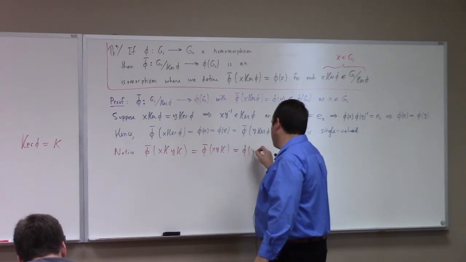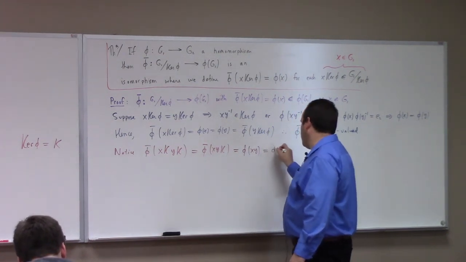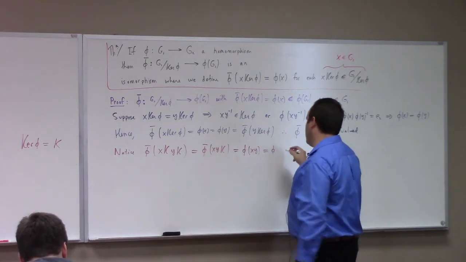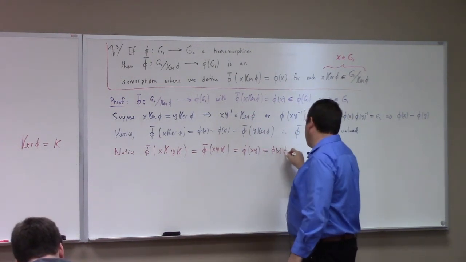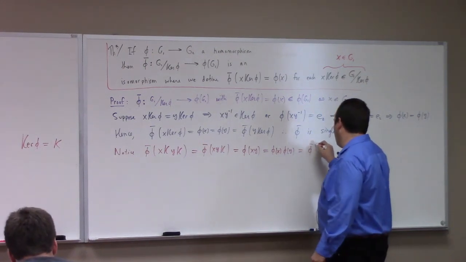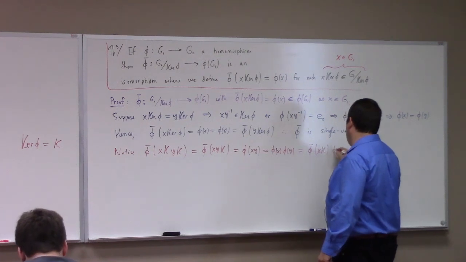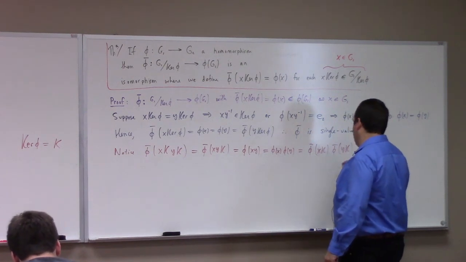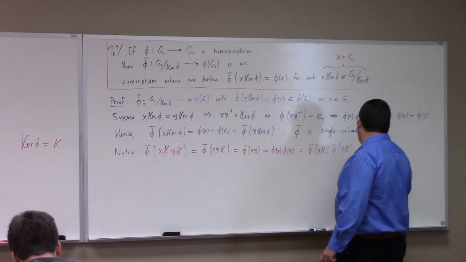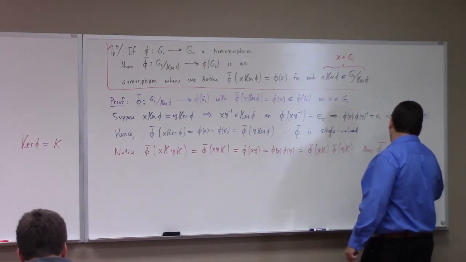So that's phi of xy, by the homomorphism property of phi, because we're assuming phi is a homomorphism itself. That's phi of x times phi of y, which, by the way, is phi bar of xK times phi bar of yK. And there you have it. Thus, phi bar is a homomorphism.